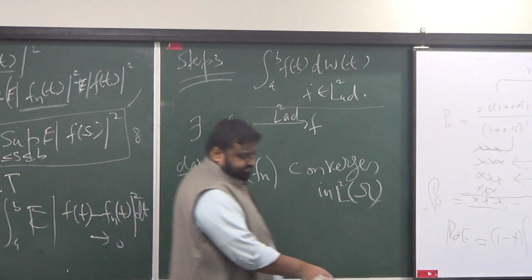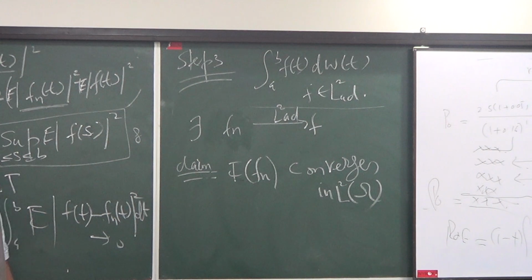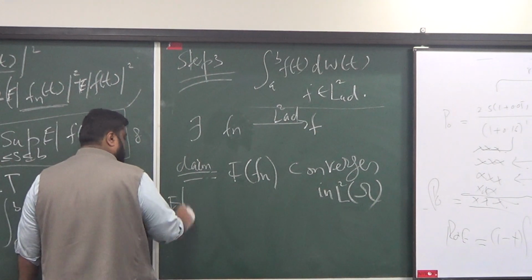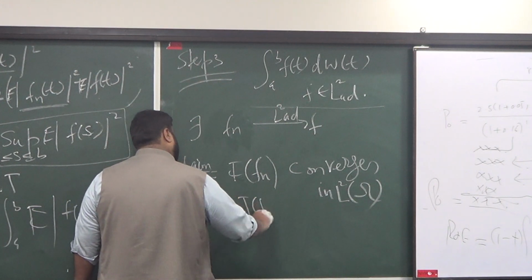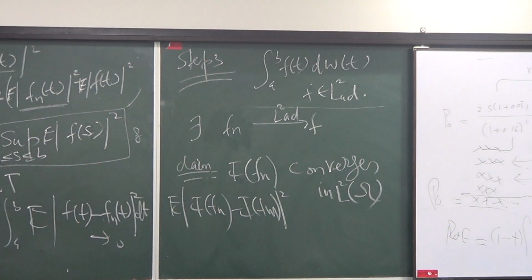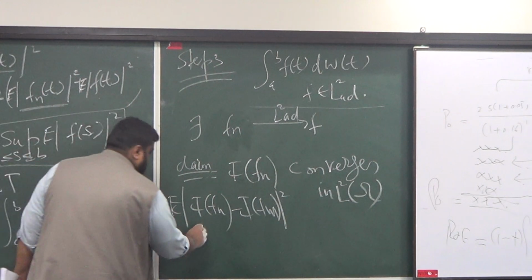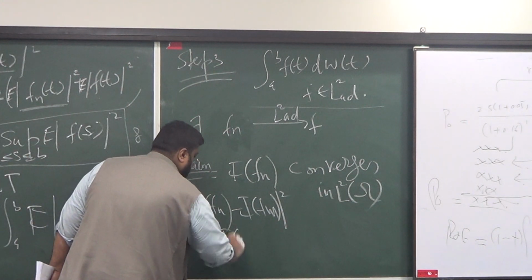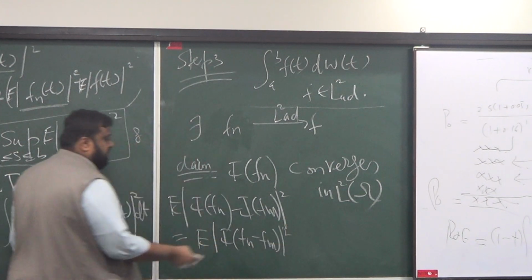So how can I show it? I can prove it is Cauchy. Okay, so in order to prove Cauchy, what I need to do, take the I of Fn, subtract I of Fm, and square it. Fn and Fm, they all are step processes. So this must be I of Fn minus Fm, squared.